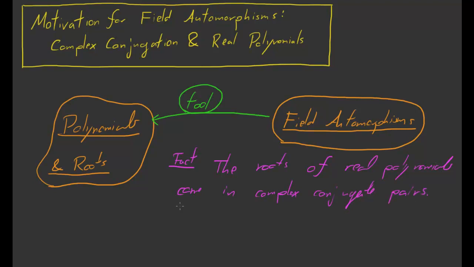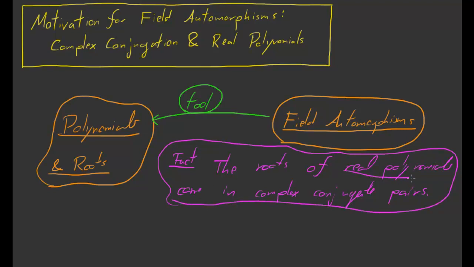So this is a fact, this statement is true, and this seems like a statement which is totally about polynomials, right? We're just discussing real polynomials, and we're discussing their roots. But it turns out that field automorphisms will give us a nice way of seeing why this fact is true, and that's the motivating example that I want to give.